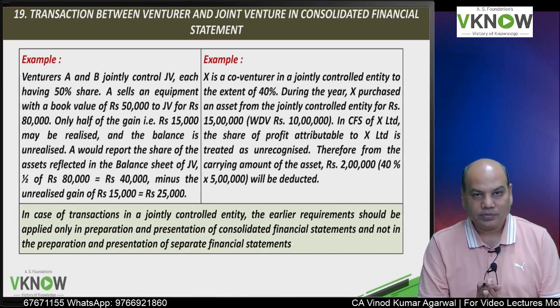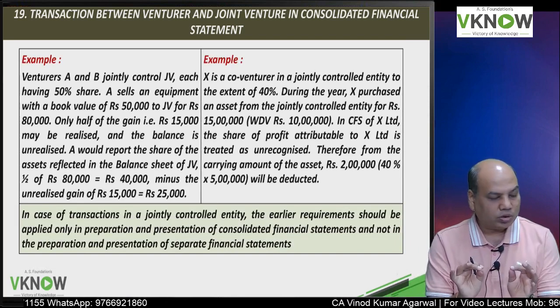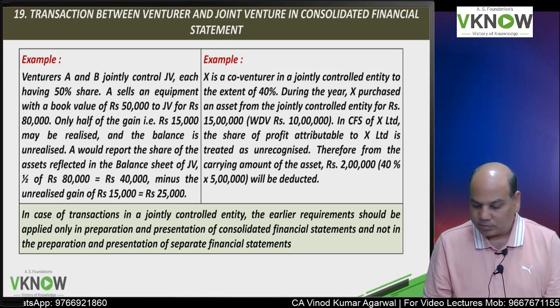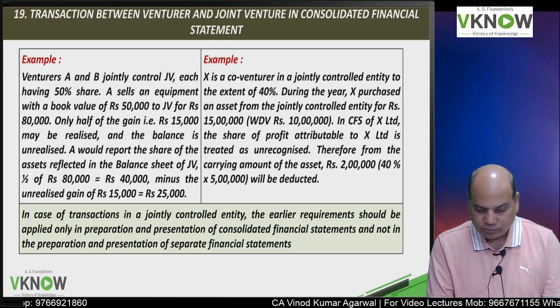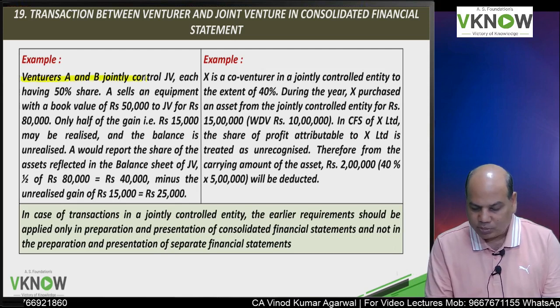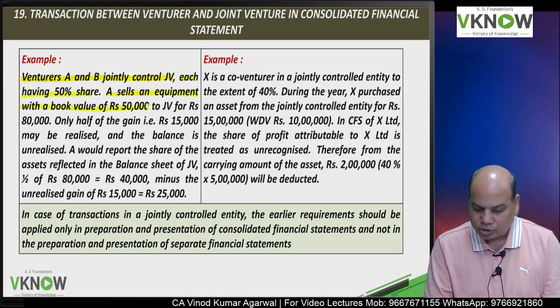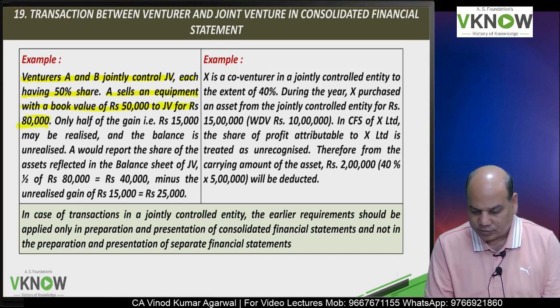On the left side, when goods are sold by venturer to joint venture, numbers will help you to understand. Venturers A and B jointly control JV, each have 50% share. A sells an equipment with a book value of 50,000 to joint venture for rupees 80,000.